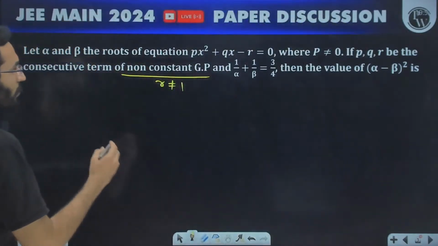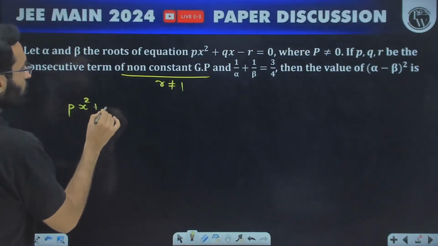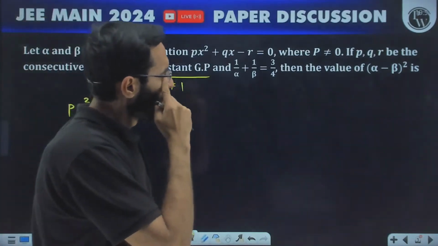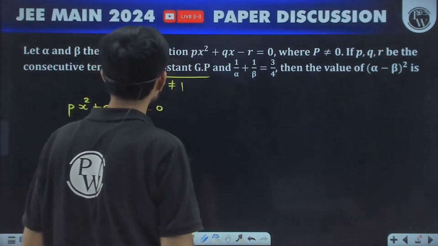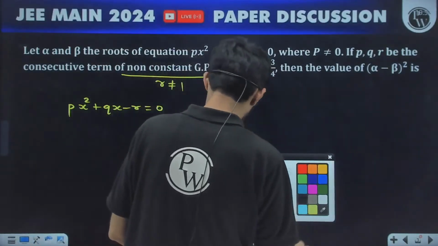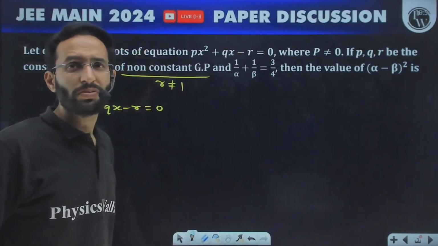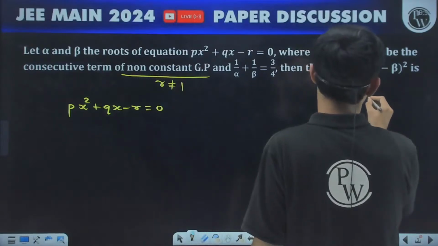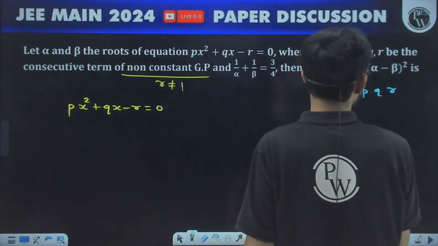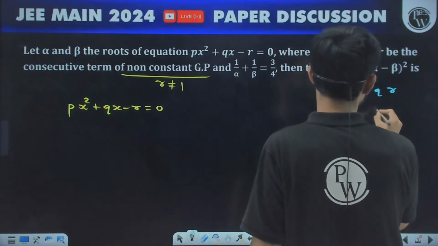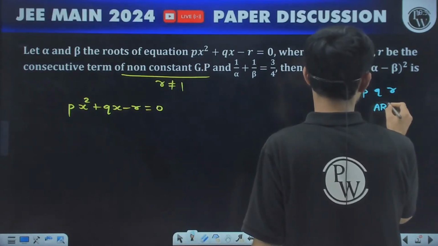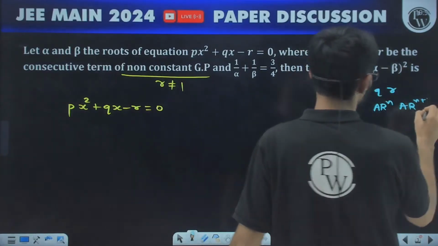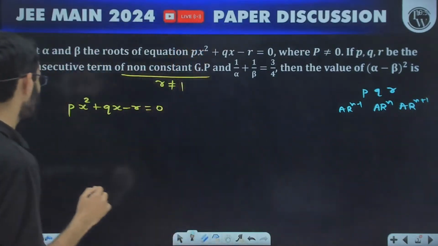So here we have px square plus qx minus r equal to 0. You can solve this question in two ways. First way: here p, q, r are consecutive terms of a non-constant GP. So let us consider those terms as A r to the power n minus 1, A r to the power n, A r to the power n plus 1. You can take anything; even if you want to take A, AR, AR square, that is also not an issue.